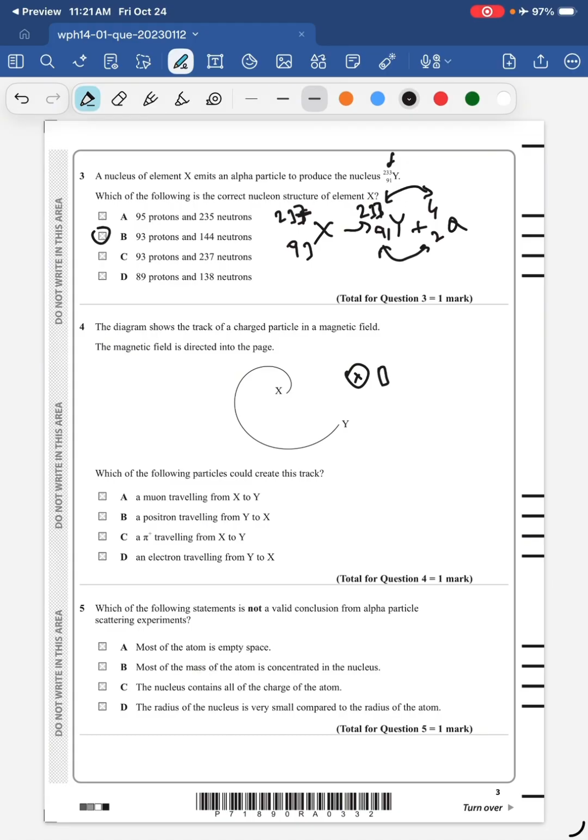So you have to use Fleming's left-hand rule, and your index finger should point in the direction of B. Okay, and then let me think. So a muon traveling from X to Y, a positron traveling from Y to X, a pi plus traveling from X to Y. Okay, let me think. The answer is D, I think, but let me verify.